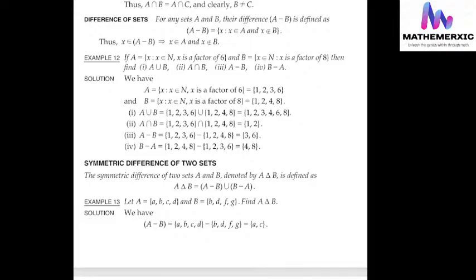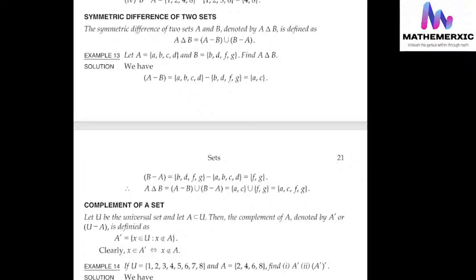Symmetric difference of two sets. The symmetric difference of two sets A and B is denoted by A symmetric B, and it is A minus B union B minus A. For the symmetric difference of two sets, we write a triangle notation. A symmetric B will be equal to A union B plus A minus B union B minus A. So here in this question, we need to find the symmetric part.